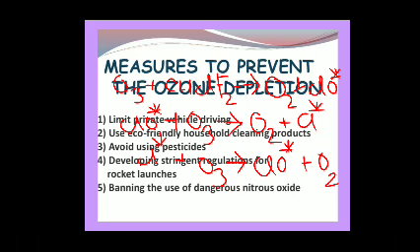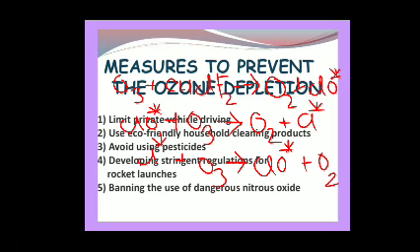This ClO reacts with O3 to form O2 plus a Cl atom. This chlorine atom, an unstable atom, interacts with O3 to form ClO plus O2, decreasing the concentration of ozone through interaction with CFCs, chlorofluorocarbons.